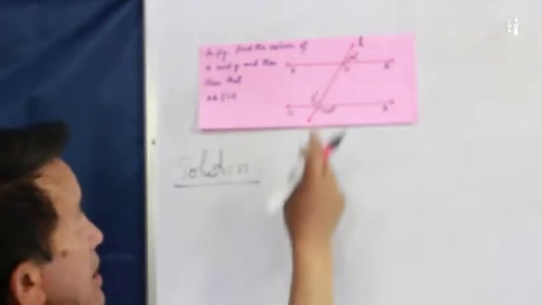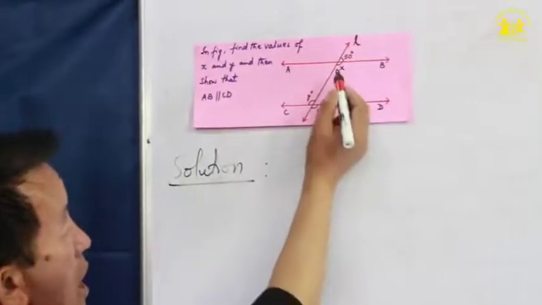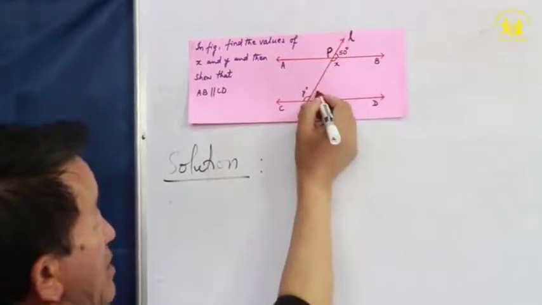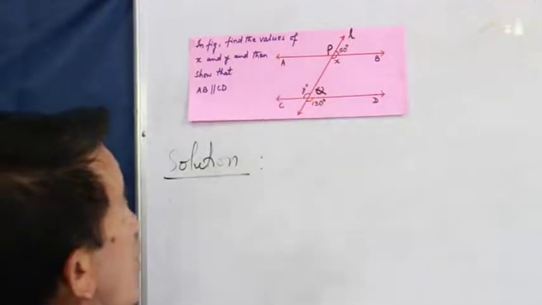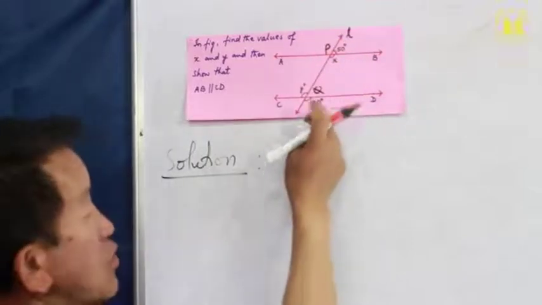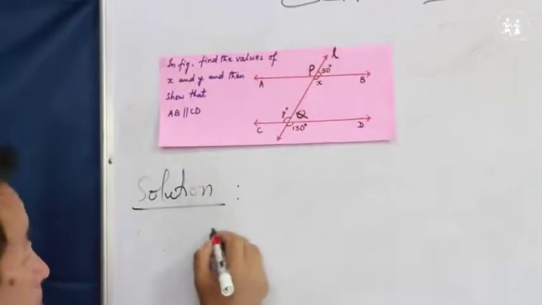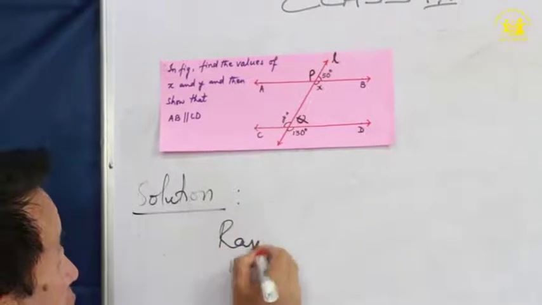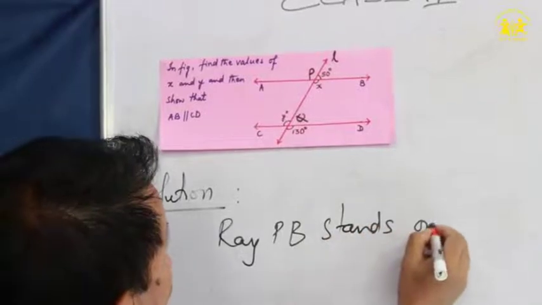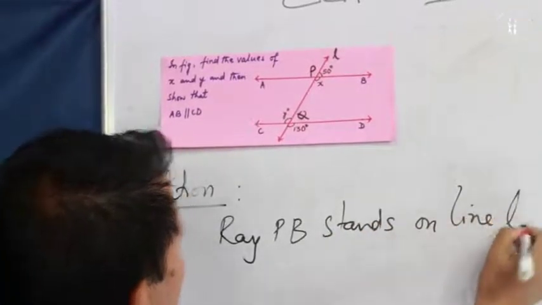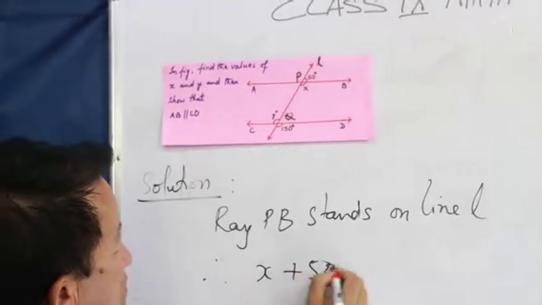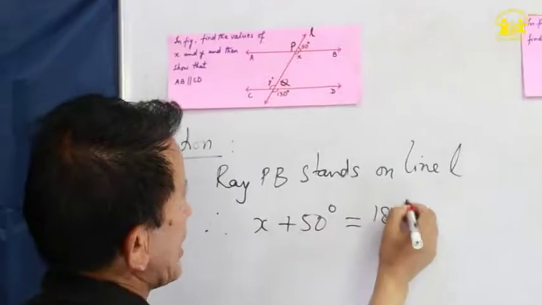So first, let's look at this one. Let's say the points of intersection are P and Q. Now ray PB stands on line L, so the sum of these 2 angles, X plus 50 degrees, is equal to 180 degrees.